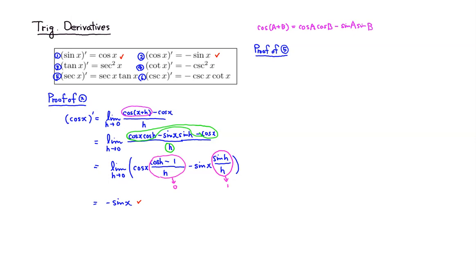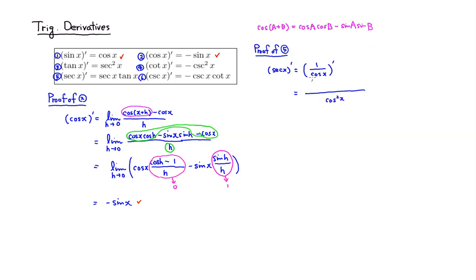If you want to find the derivative of secant of x, remember that secant is simply the reciprocal of cosine. So we take the derivative of 1 over cosine, and then we can use the quotient rule. You square the denominator, so you have cosine squared of x.